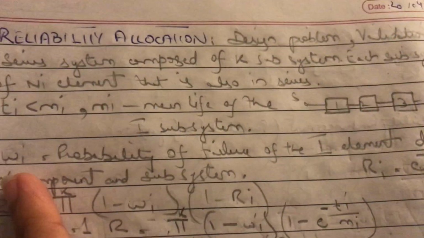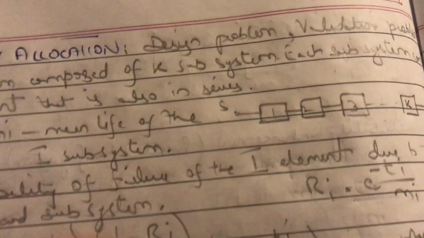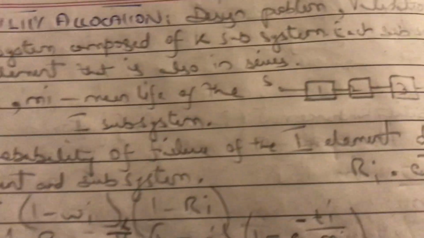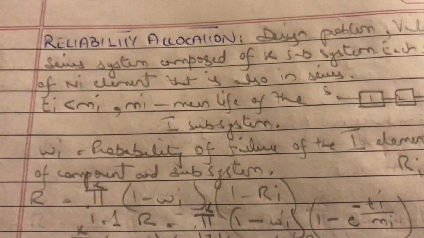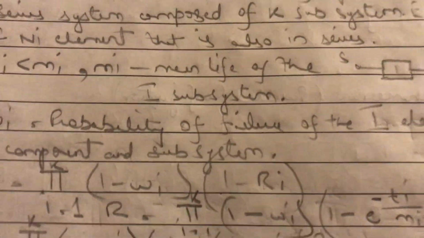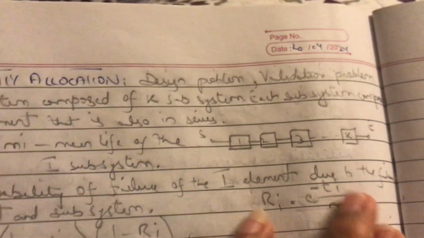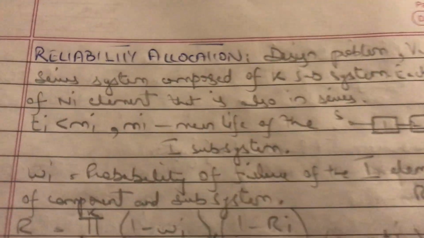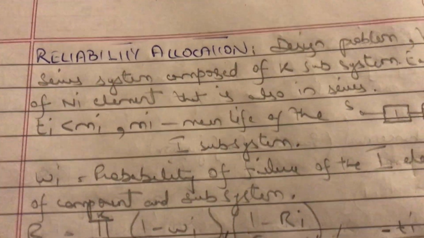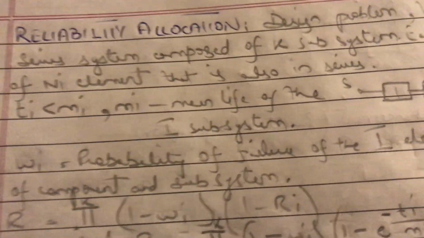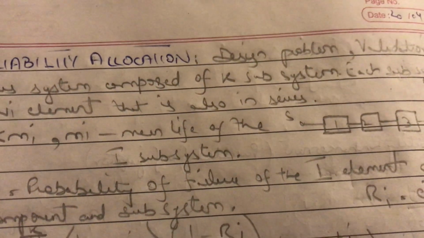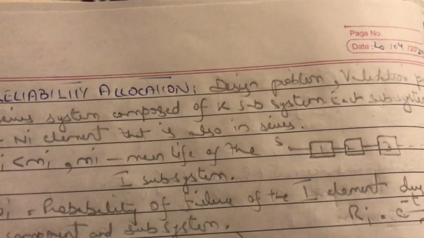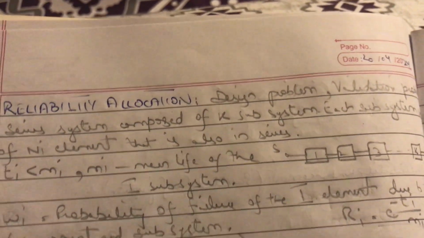So Wi is the probability of failing of the i element, that is, what are the chances of this i element failing, which can be due to the failure of a component or due to the failure of a subsystem.